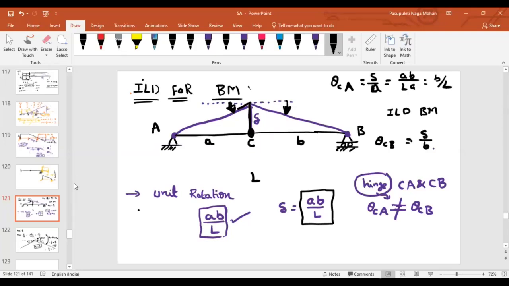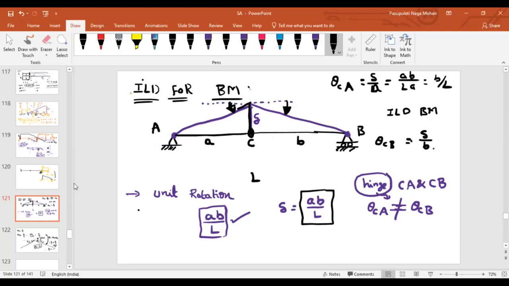Because as two members are connected directly, at least from the exam point of view, if you want to apply unit rotation, it will take some time to calculate these amounts. So instead of doing that, move the point C by an amount AB by L. If you do that, indirectly you are saying that rotation is equal to 1. Is it okay?